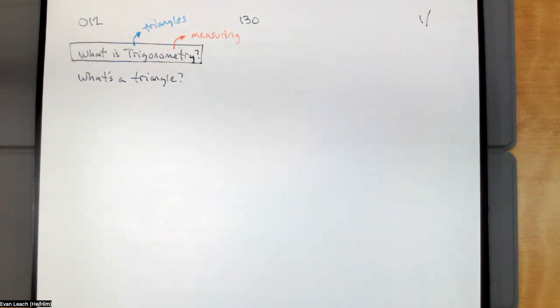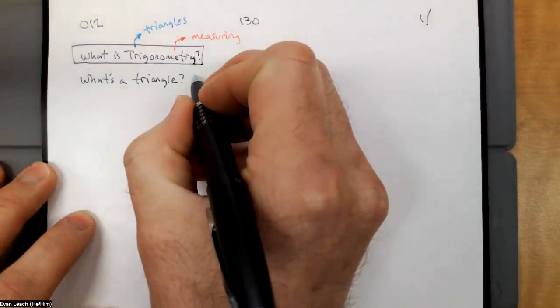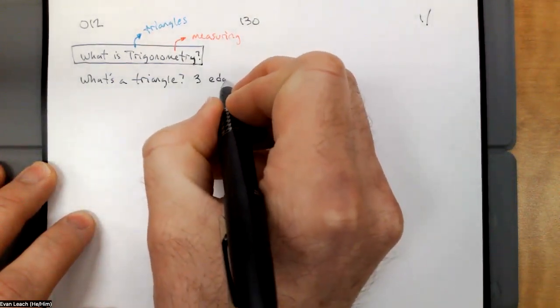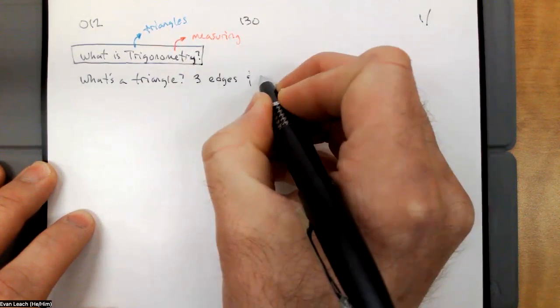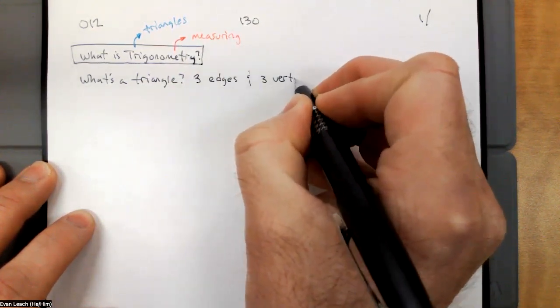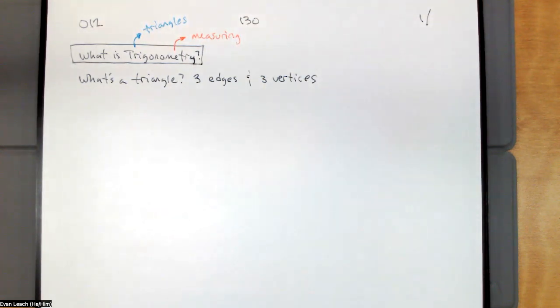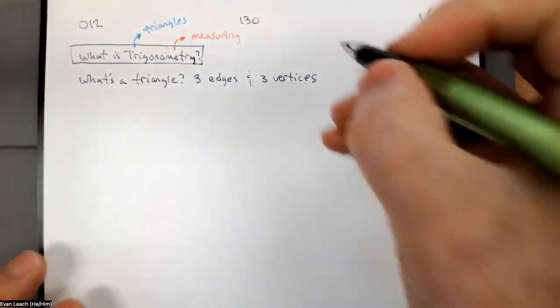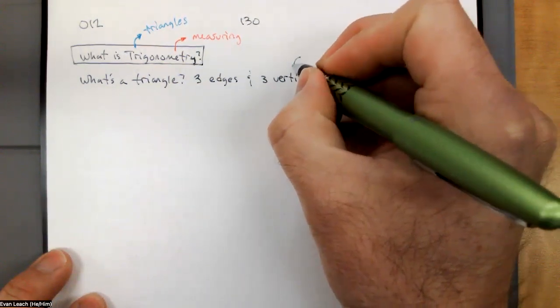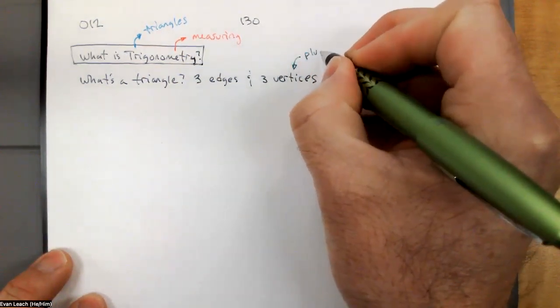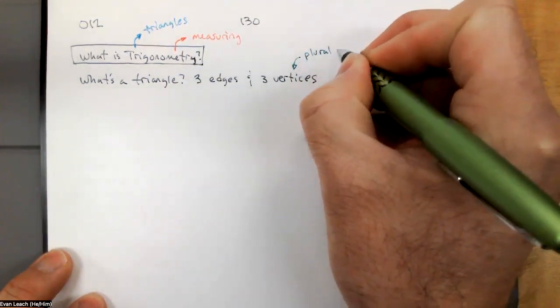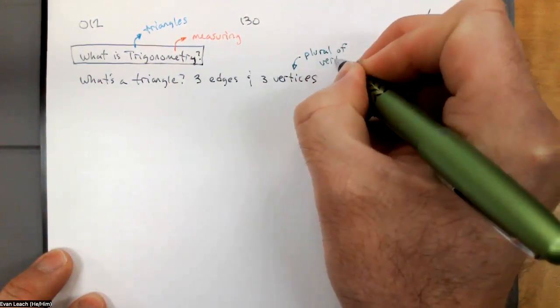So a triangle has 3 edges and 3 vertices, vertices being the plural of vertex.